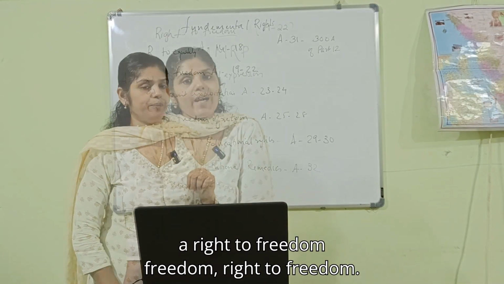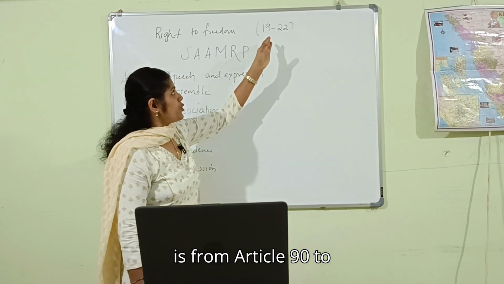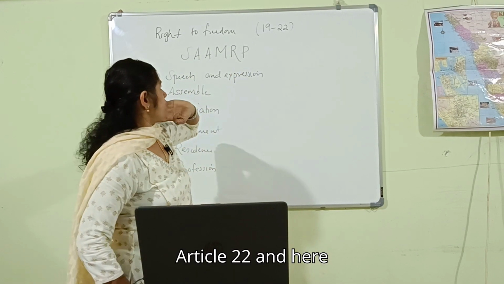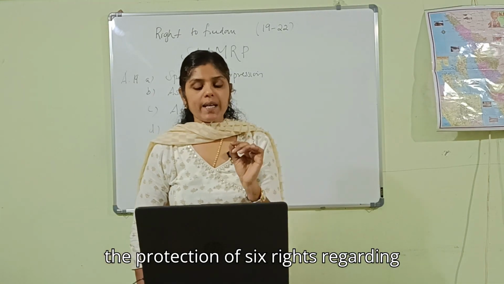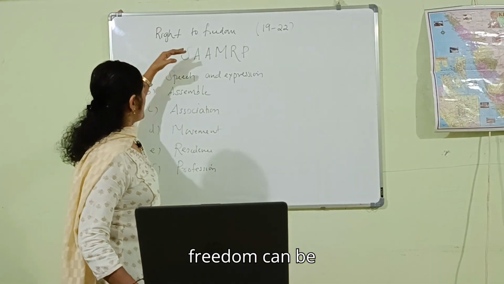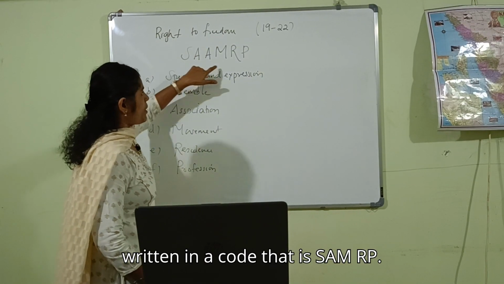Right to freedom is from Article 19 to Article 22. And here, the protection of 6 rights regarding freedom. It can be written in a code, that is SAM-RP.